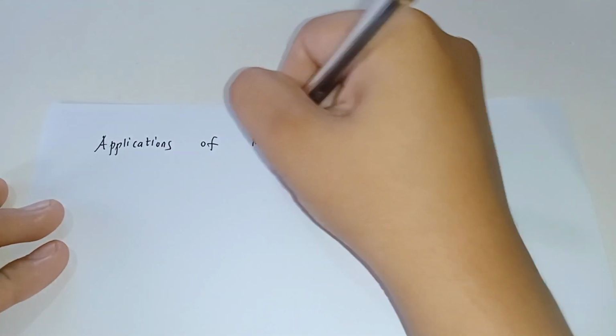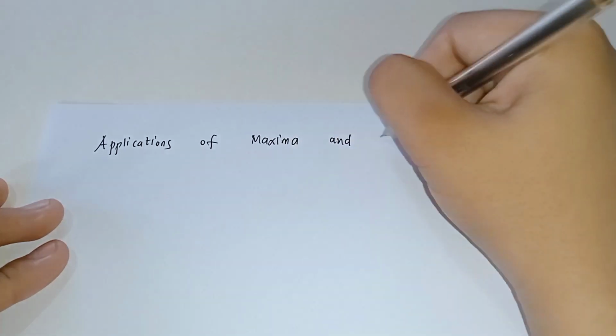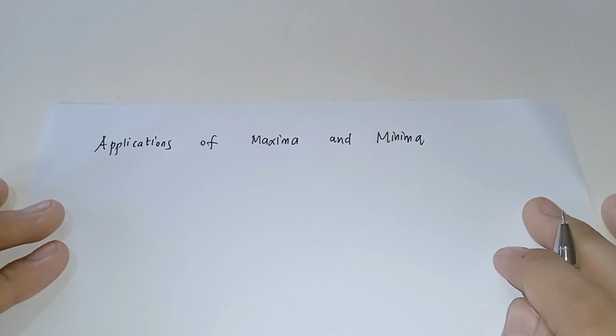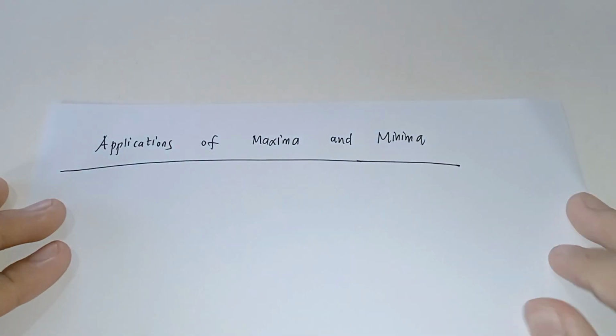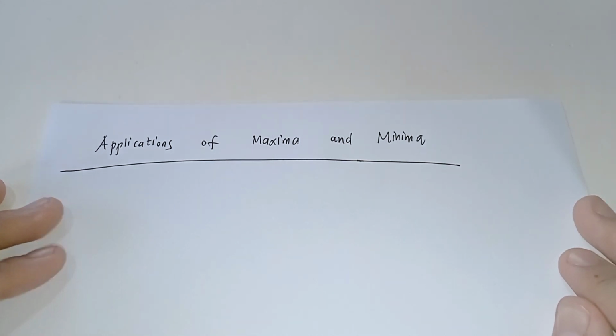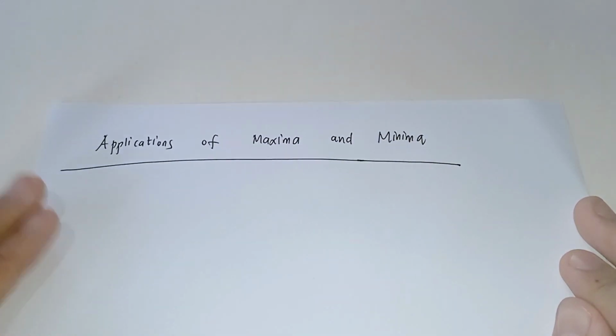And in this video, we will learn about the applications of Maxima and Minima. The methods of determining the maximum or minimum value of a function can be applied in a variety of problems in science, engineering, geometry, economics, and other disciplines concerned with maxima and minima.